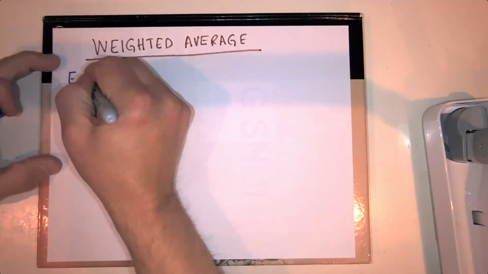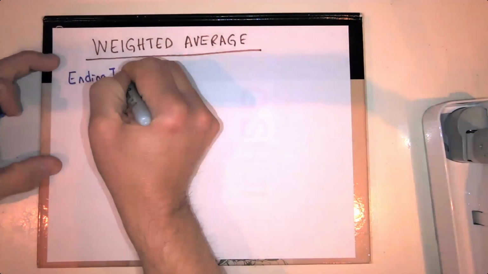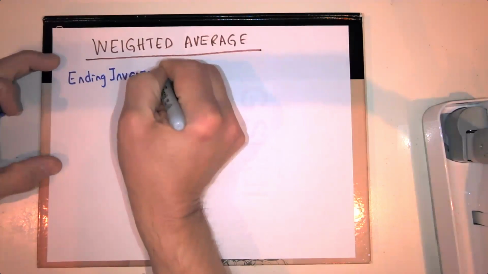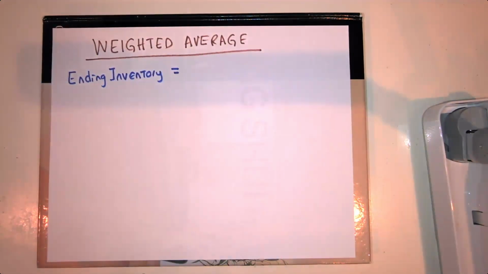Can somebody give me the numbers to come up with the ending inventory using weighted average? Chloe, excellent. Your microphone's on. Chloe, how will you do this calculation? You would take 11,400 times $7.50. Chloe, how easy is that, right? Weighted average is no big deal. Great job. You can mute your microphone.